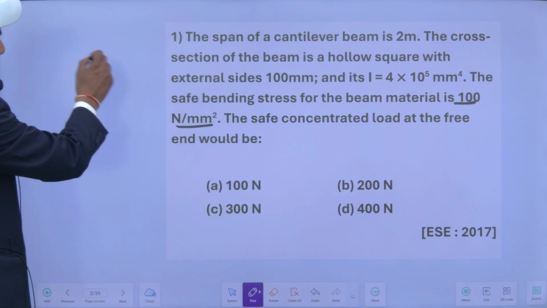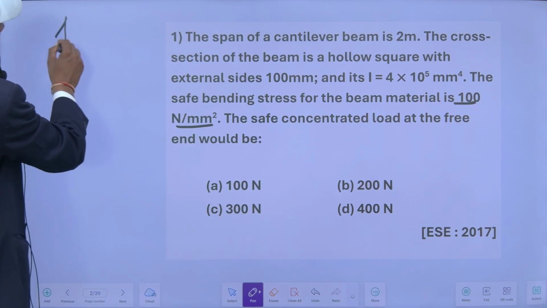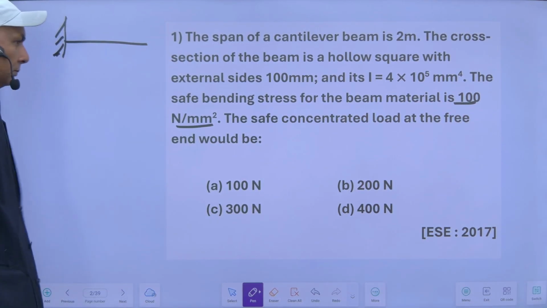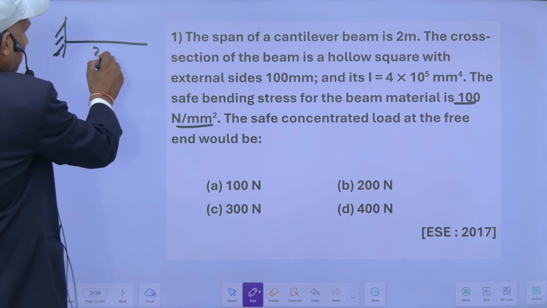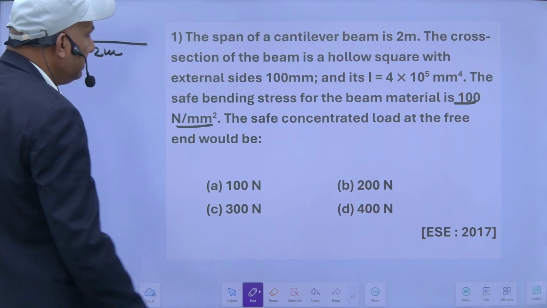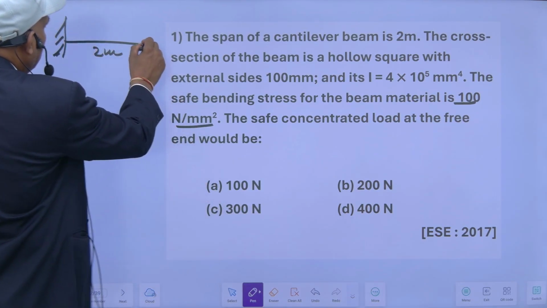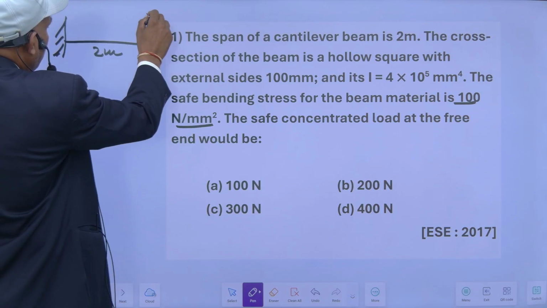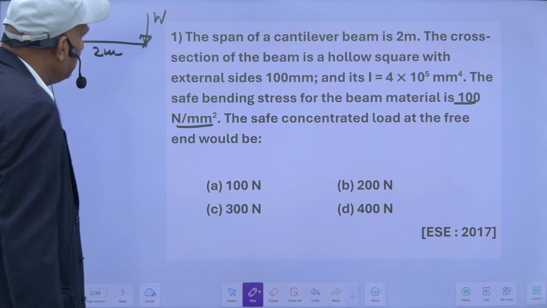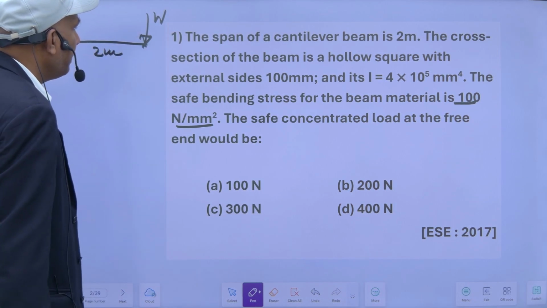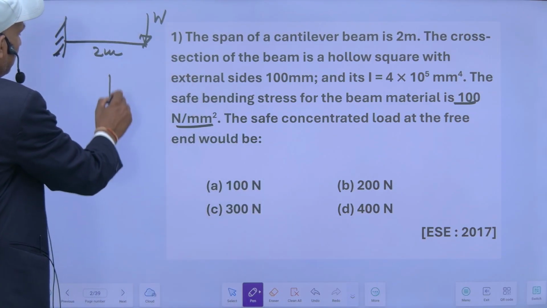So this is a cantilever beam. Its span is 2 meter and there is a point load at the free end. Let it be W. So this W is to be determined and its cross section is this one.